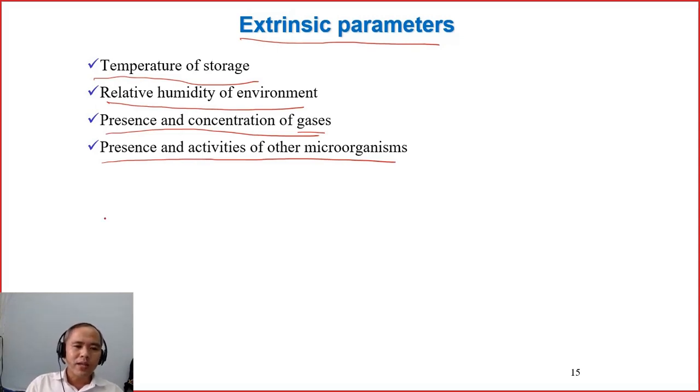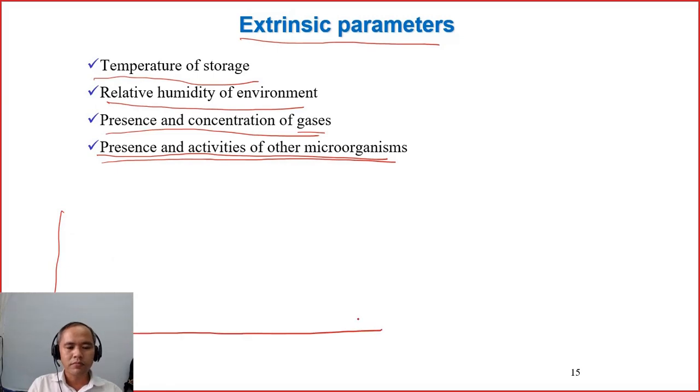I will just explain from the bottom to the top. Now, the presence of one group of microorganisms can influence the growth of the other group. For example, in the case of making yogurt, or making Nem Chua, a fermented meat, this represents pH, this represents the time.